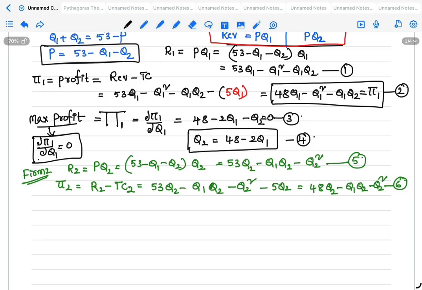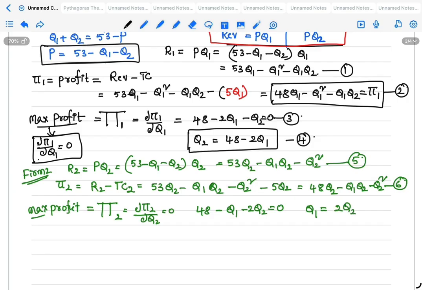So we find the maximum profit for the firm 2, that is capital pi 2, that equals dou pi 2 by dou Q2 equals 0. 48 minus Q1 minus 2 Q2 equals 0.